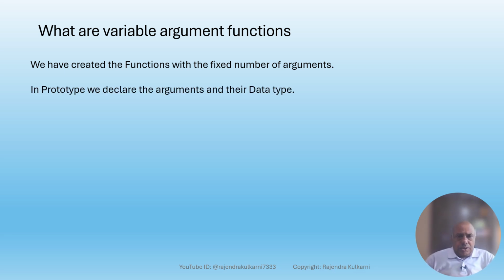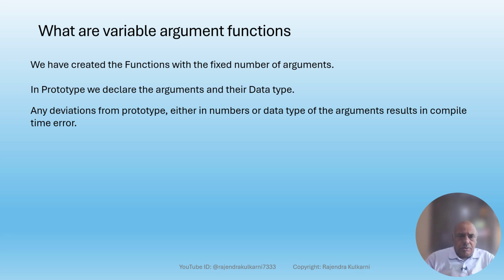We also declare the data type of every argument, and when we call those functions we have to abide by the sequence, the data type and the number of arguments when the call to the function is made. If any change is there, if we want to change the sequence or the data type or call the function with a different number of arguments, the compiler throws an error.